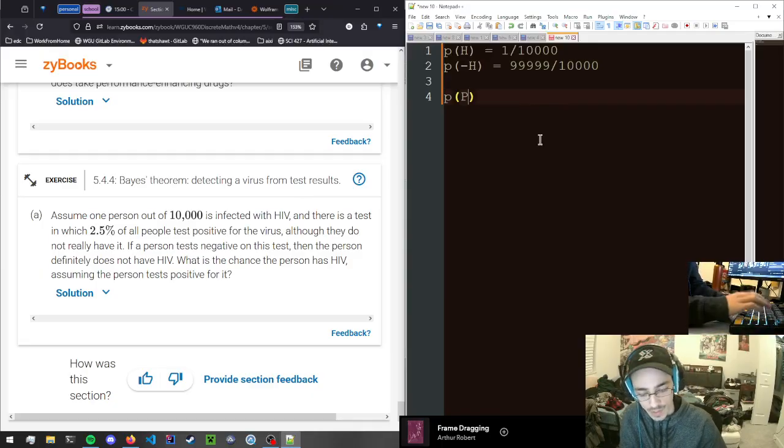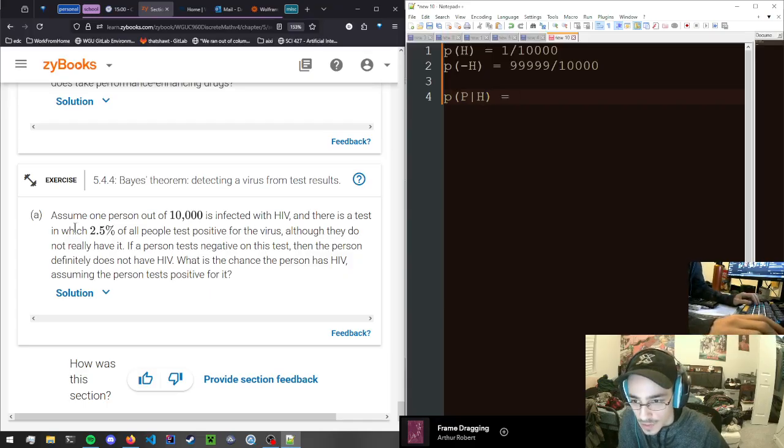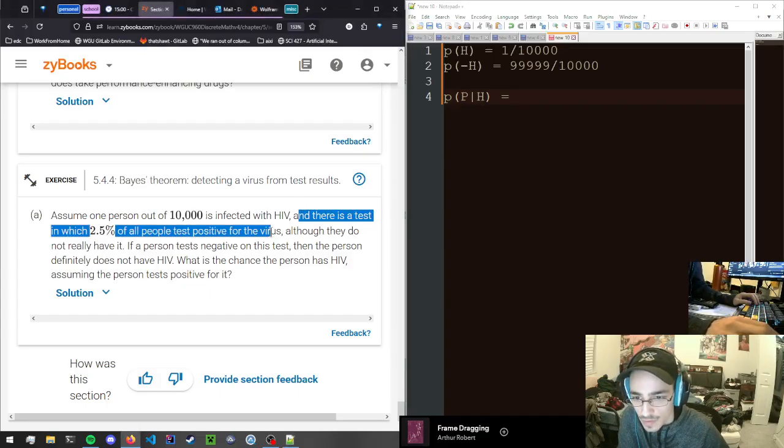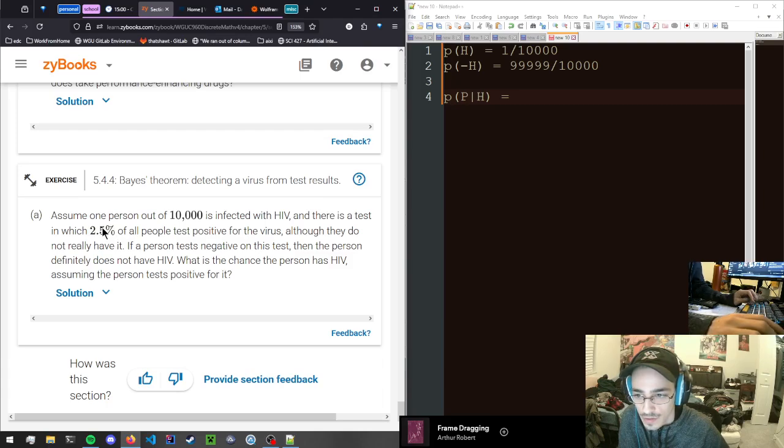So they have a test where it is positive if you have it. Wait, what? There's a test in which 2.5% of all people test positive for the virus.